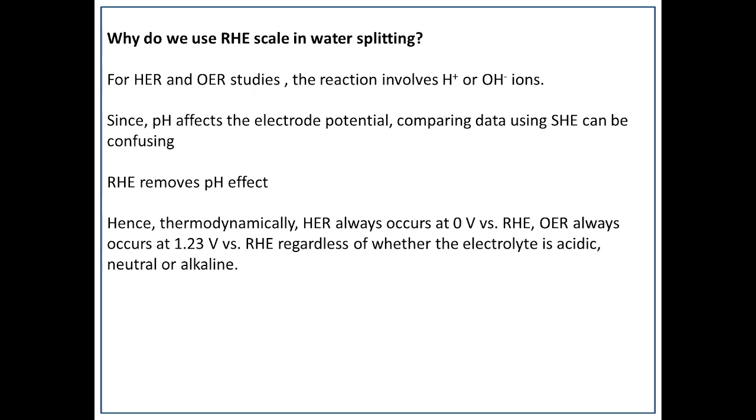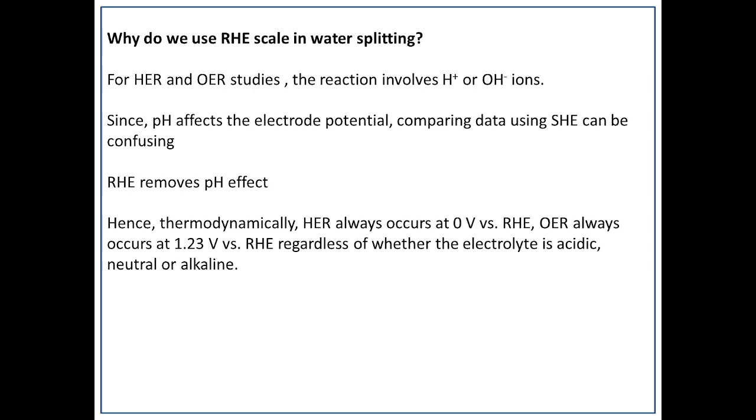In summary, the standard hydrogen electrode is defined as 0 volt only under standard conditions: 1 molar H plus concentration, 1 atmosphere or 1 bar pressure, and 25 degrees Celsius.